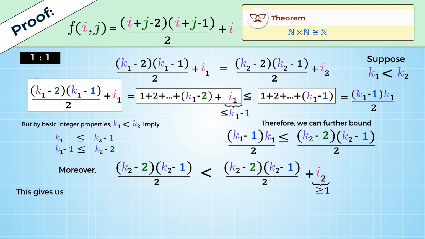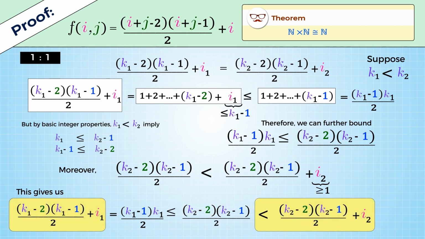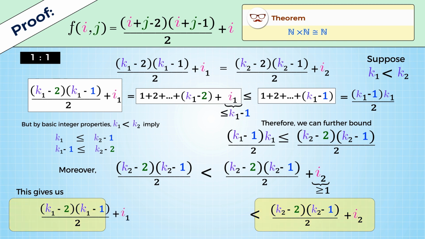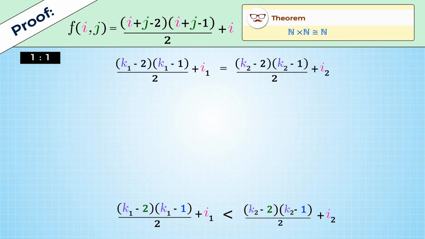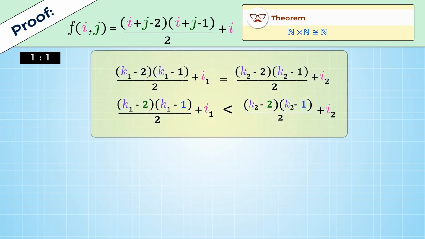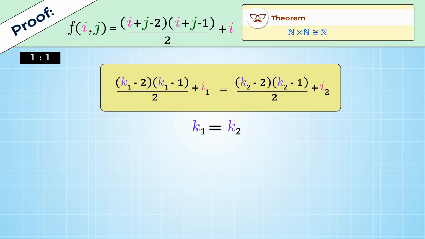This gives us (k1-2)(k1-1)/2 plus i1 is strictly less than (k2-2)(k2-1)/2 plus i2, which is a contradiction since they are supposed to be equal. Therefore, we must have k1 equals k2.